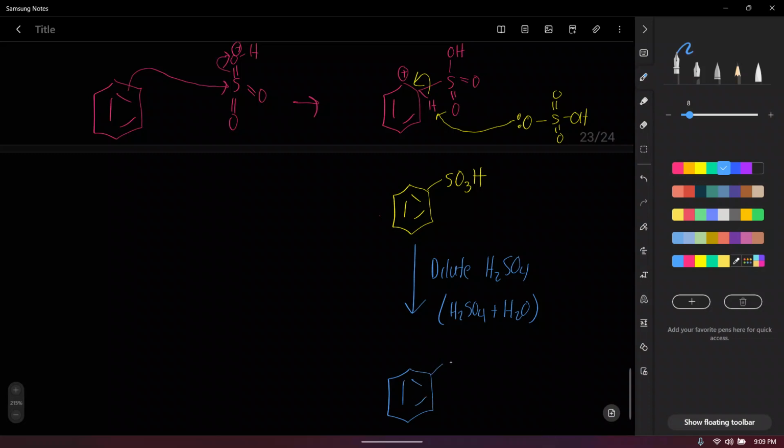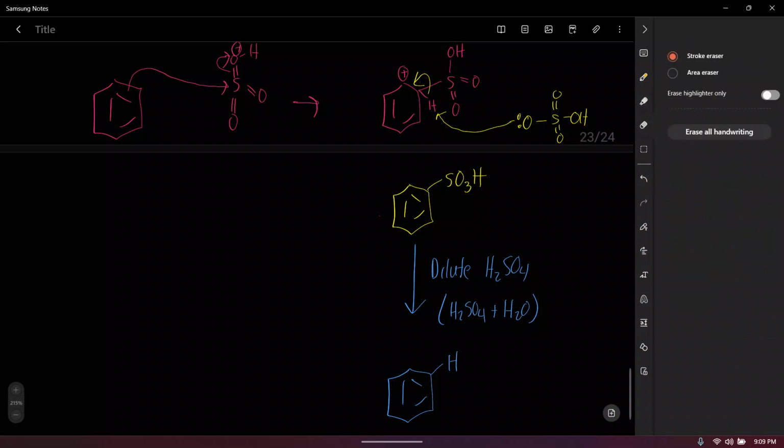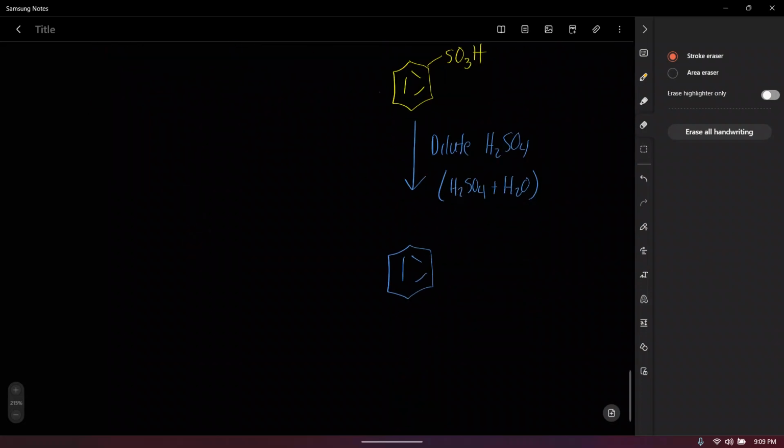So obviously you'll replace it with a hydrogen. Most of the time, well, not most of the time, all of the time, hydrogens are implied, so usually you won't see this actually drawn. But dilute H2SO4 will remove the SO3H, and if you are thinking to yourself, well, that seems really stupid, why would we learn how to put something on if we're just going to take it off? I will get into that in a little bit.